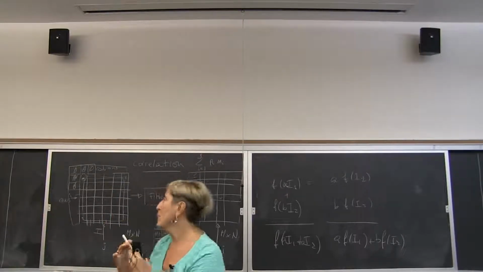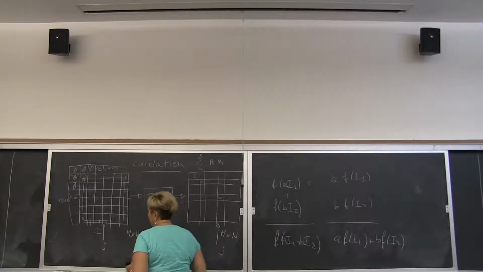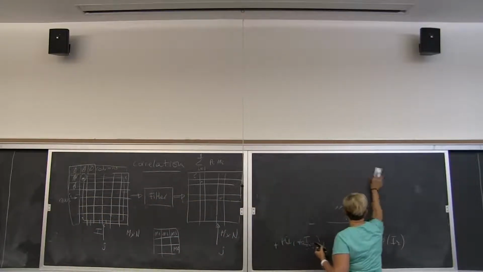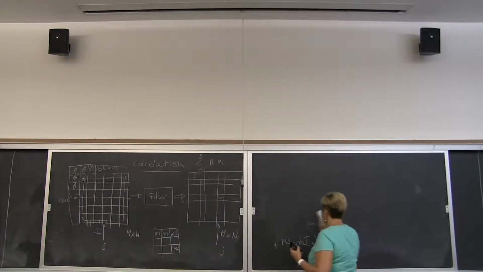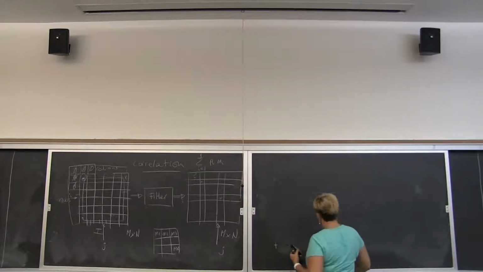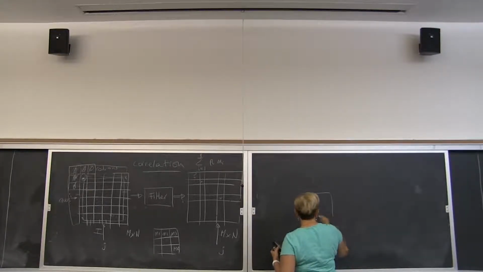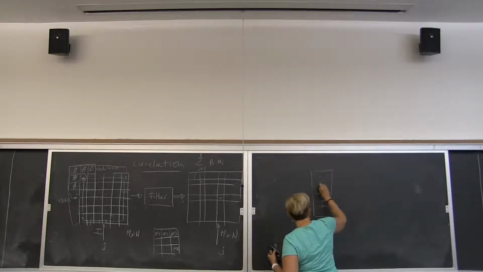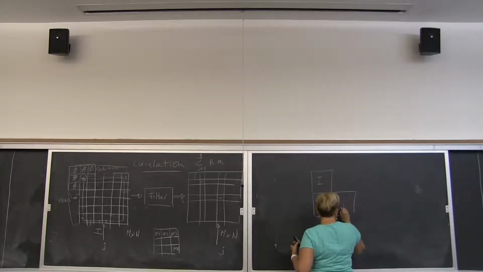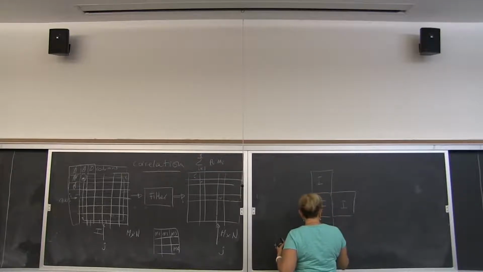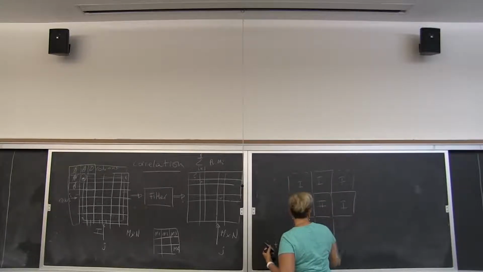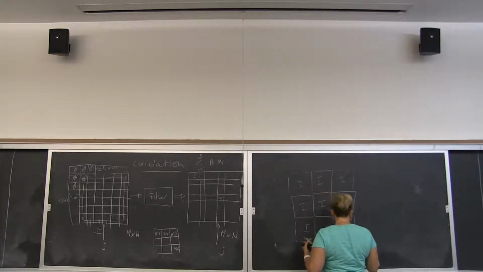So instead of having one image, this image is a two-dimensional periodic signal, so I can copy this image here, here, here, here, and also here, and here, and here.